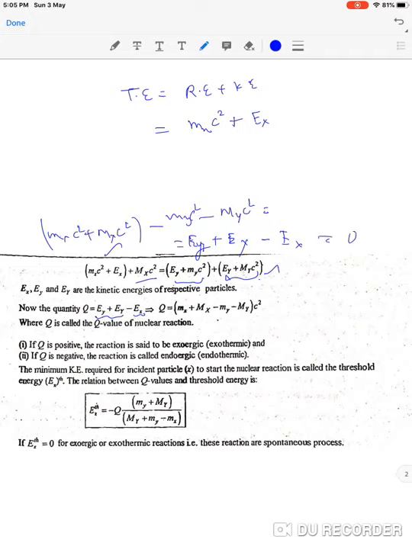And this is K_y as well, so I can write K_y in terms of masses as well.